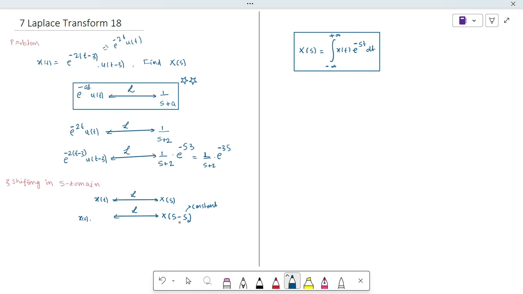Now we are going to find this x of s minus s naught. Just replace the s by s minus s naught. So x of s minus s naught.